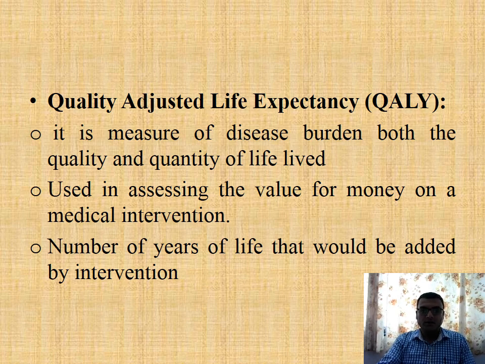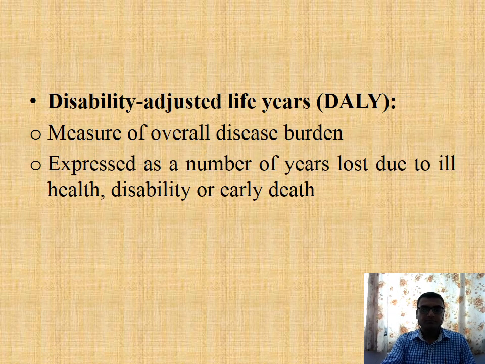So using different interventions, how many lives we have saved can be calculated using QALY. The next disability indicator is DALY, disability adjusted life years. It measures overall disease burden. It is expressed as the number of years lost due to ill health, disability and early death.